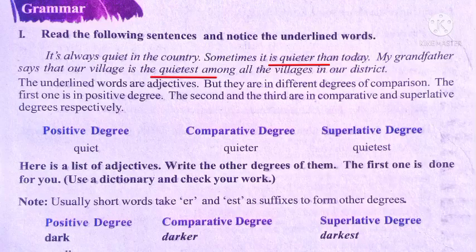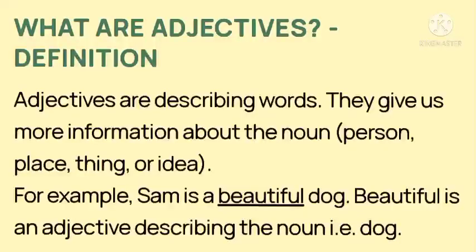But they are in different degrees of comparison. The first one is in the positive degree, that is quiet. The second and the third are in comparative and superlative degrees respectively. Here quieter is the comparative degree, quietest is the superlative degree. Now before going to know about this, first of all you have to know about what are adjectives.